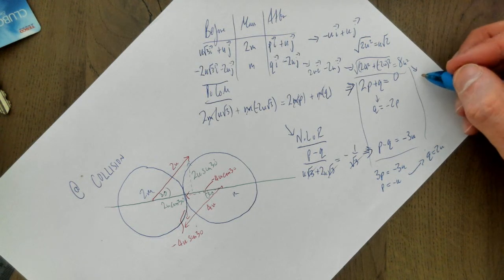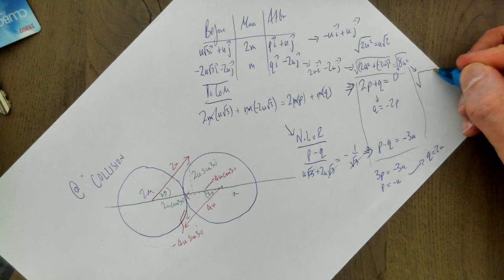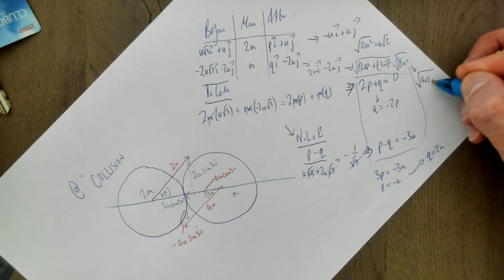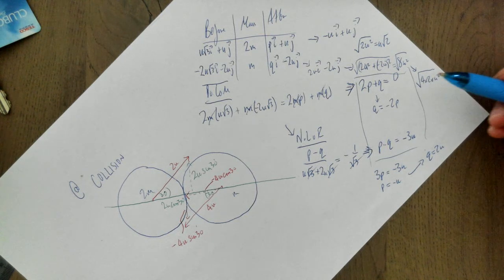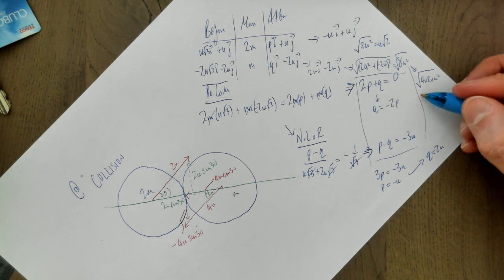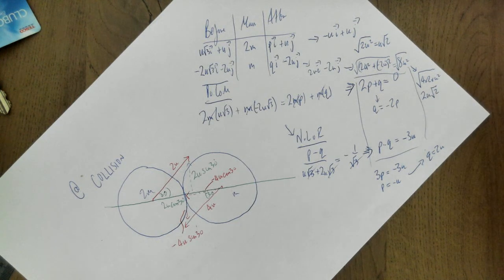Sorry guys, follow me here. Square rooted, which is the same as the square root of 4 times 2 times u squared. So square root of 4 is 2, square root of u squared is u. So we've got 2u can come outside the square root: 2u root 2. Now, let me just check, that's what it asked for. Find the speed of the spheres after impact. Yeah, so we've answered the question there.